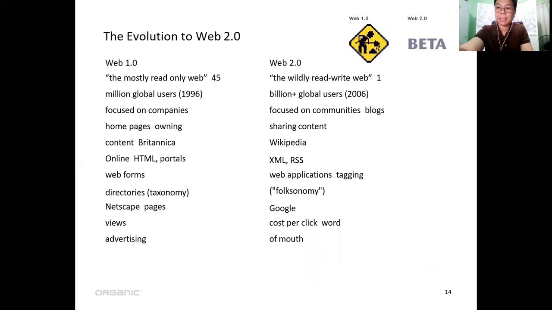Not all companies had an internet connection, so it was required that all businesses have a website, focusing on company homepages. You have content like Britannica, online HTML, portals, web forms, directories, and Netscape. Netscape was popular in Web 1.0. And of course, you have the views and the advertising.